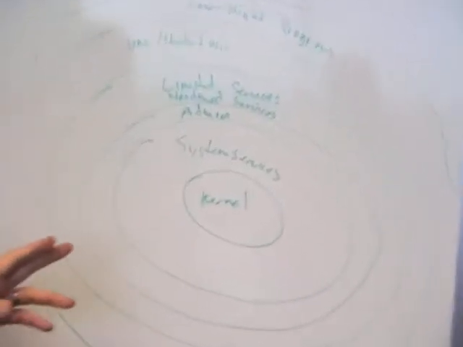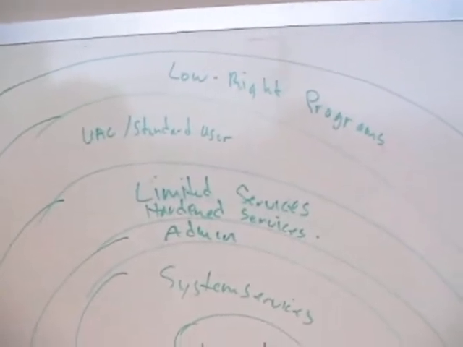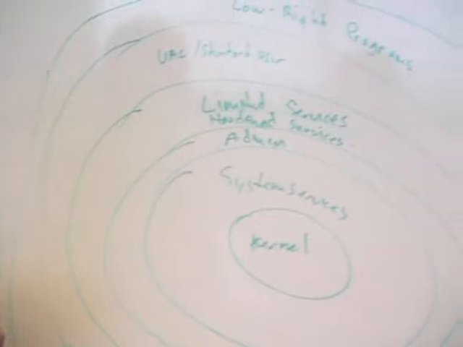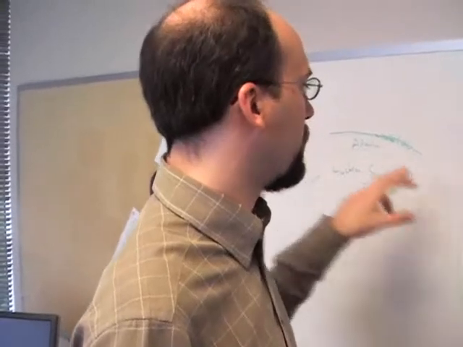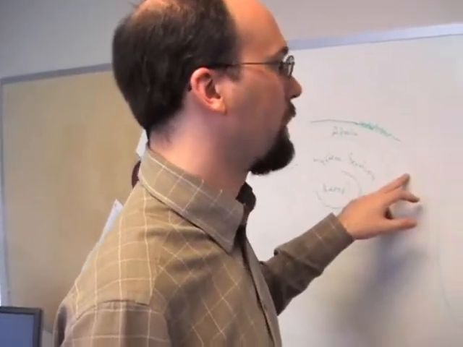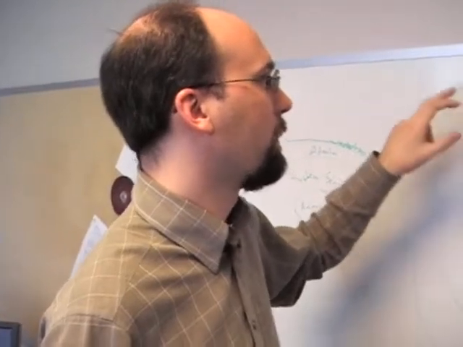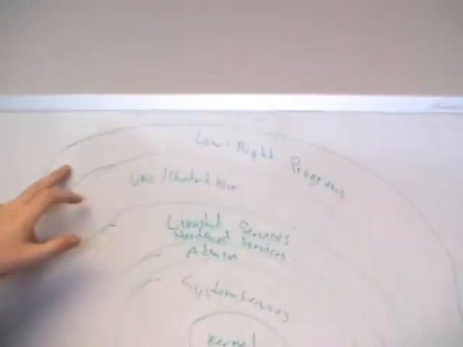We've moved over 50% of the services that were previously here into this bucket, for example. If you look at the code running in the user context, pre-Vista, all of it was running here, essentially. In Vista, the vast majority of it is running here, with IE running in protected mode.